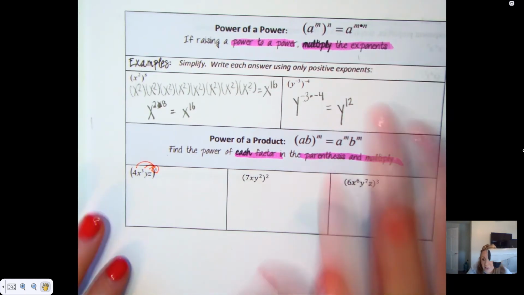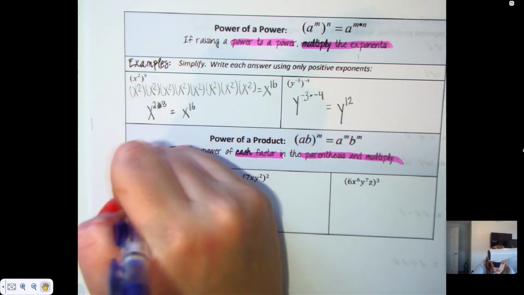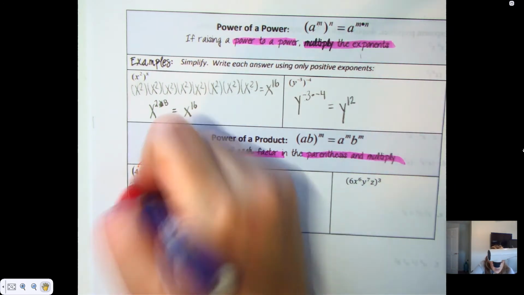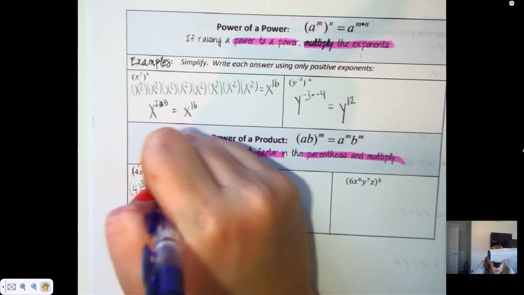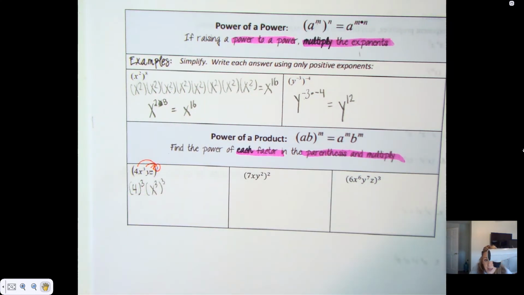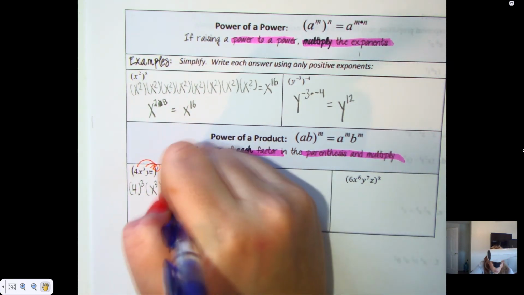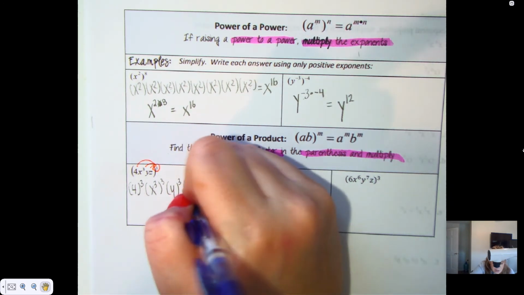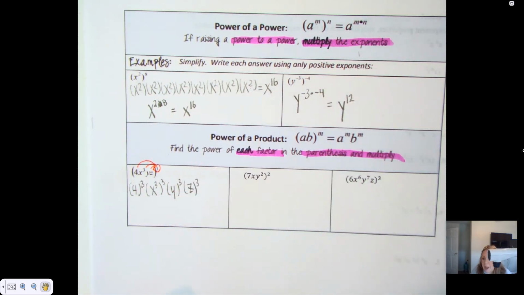Okay, now watch how I write this. The base is 4 raised to the third power. The base here is x cubed, and I'm raising that to the third power. This y is being raised to the third power. Z is being raised to the third power.